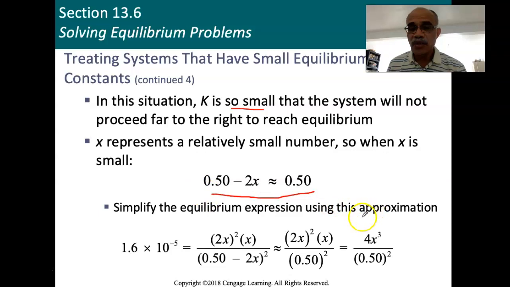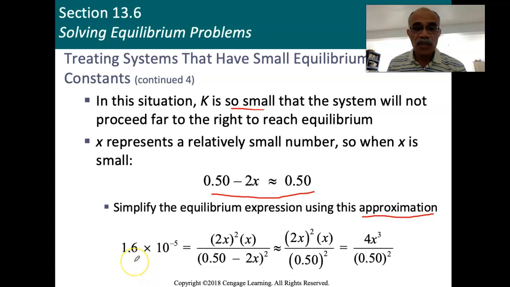So this is the approximation: 0.5 minus 2x is approximately 0.5, because we're assuming that x is so small that there's hardly any change in here. We can do that because K is very small.